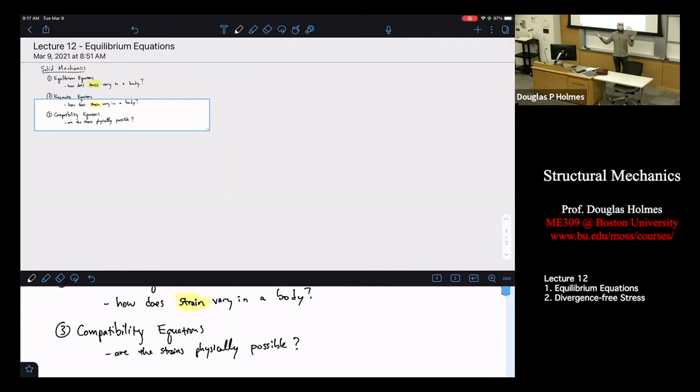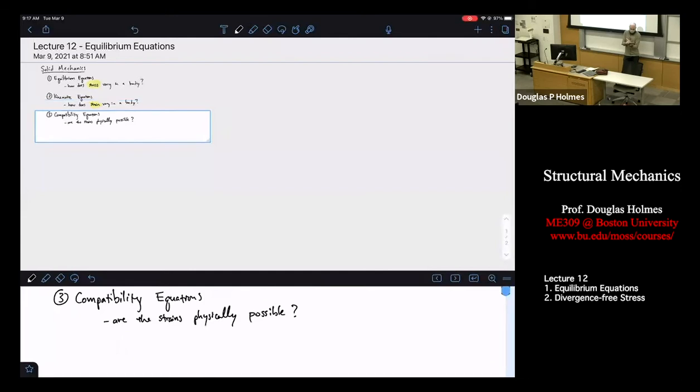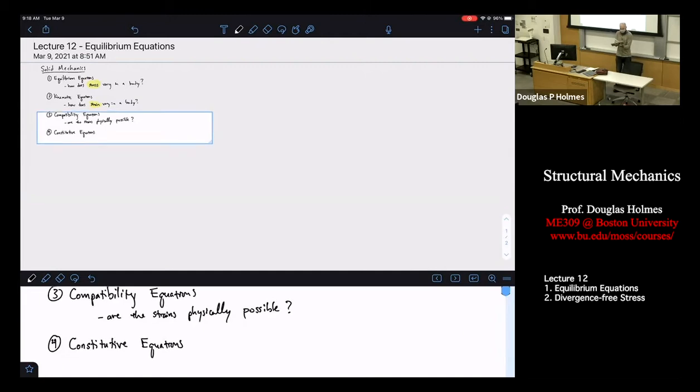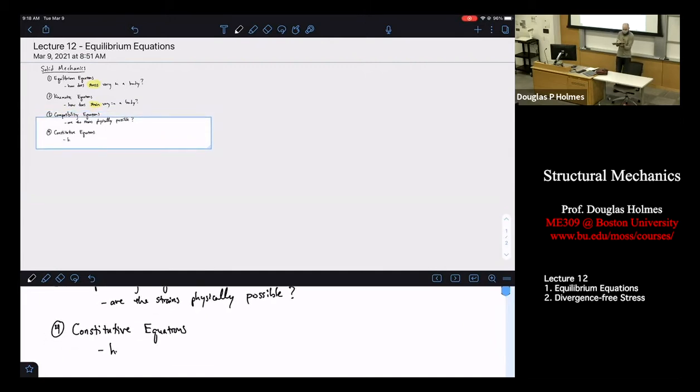How does strain generate stress? There's got to be some sort of connection between stress and strain. These are referred to as your constitutive equations. And these tell us how does stress relate to strain.